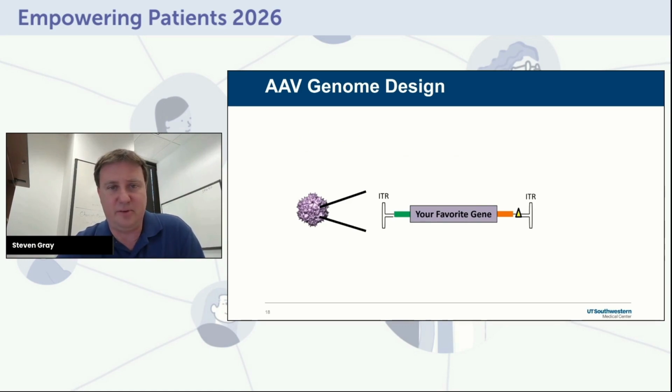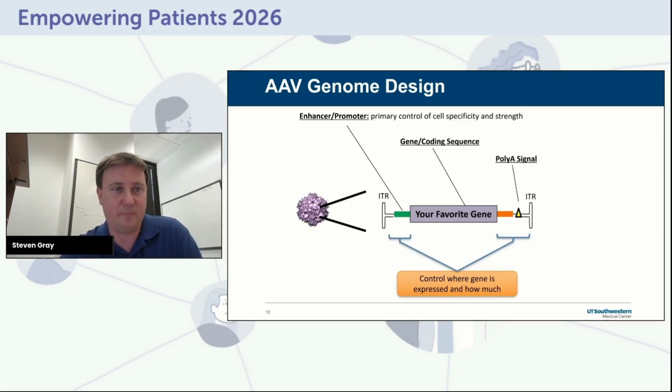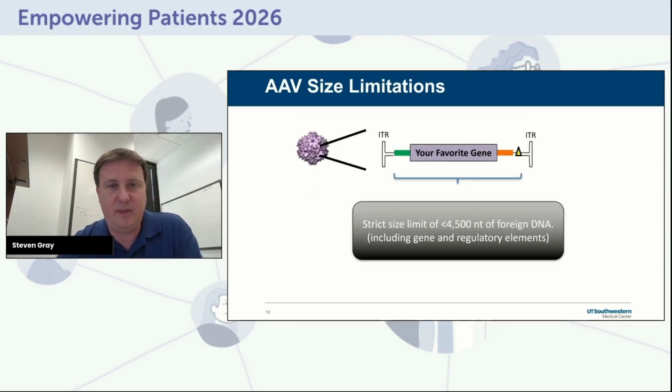And so looking at the genome design, you have your favorite gene that's packaged in here, and then you've got these elements that are going to be on either side of it that are going to control where and how the gene is expressed. So it's not just that you're putting in the gene and it's just going to express exactly how it should. You actually have to design this to make sure that it expresses the right way. And then you have size limitations for AAV, and you have size limitations for just about every delivery vehicle.